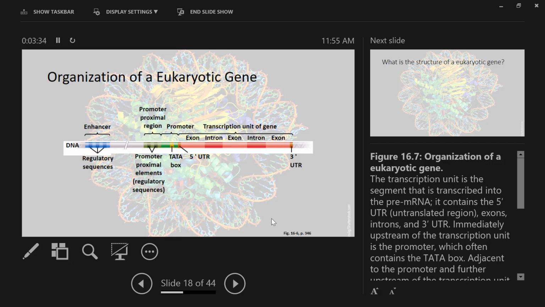And so significantly distant upstream is a region called the enhancer region. And what do enhancers do? What does it mean to enhance something? Make it better, right? You've got the enhance wand on your phone that enhances your images. What this does is it doesn't necessarily impact how RNA polymerase binds.